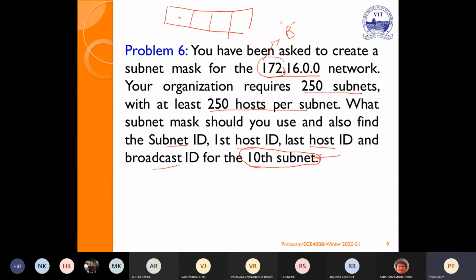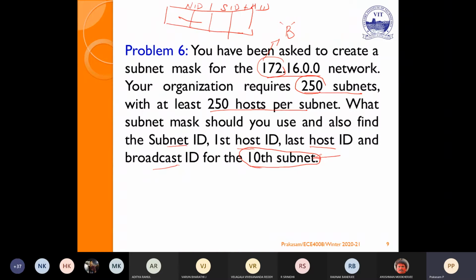For class B, the first two octets are network ID, remaining two are subnet plus host. So out of 32, I am using 16 for network, remaining 16 for subnet plus host.